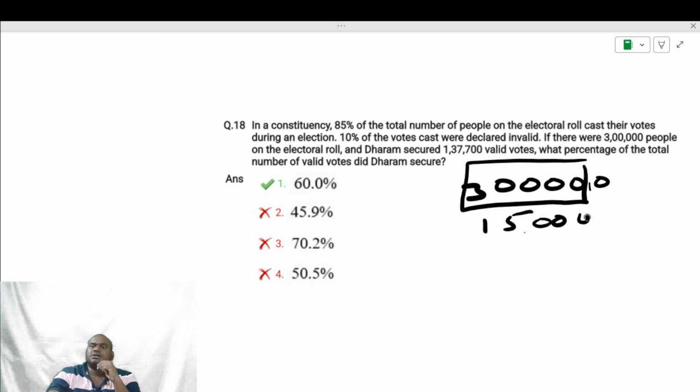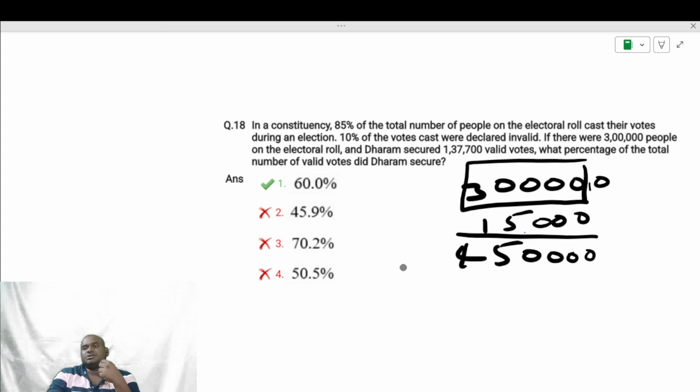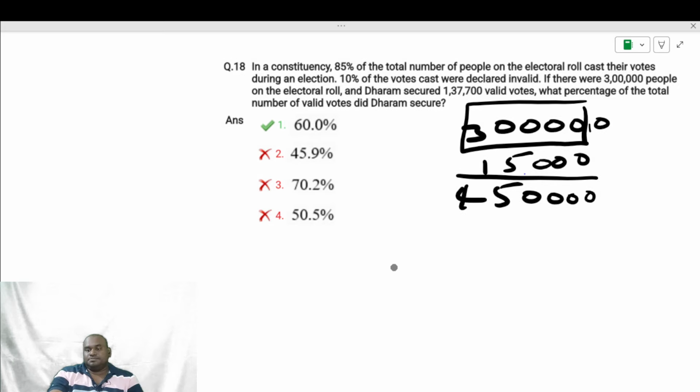Add both of them, 45,000. 45,000 you remove from 3 lakhs, right? You get 85% because 85% only polled. So if I remove 45,000 from 3 lakhs, what do I get? 2 lakh 55,000.